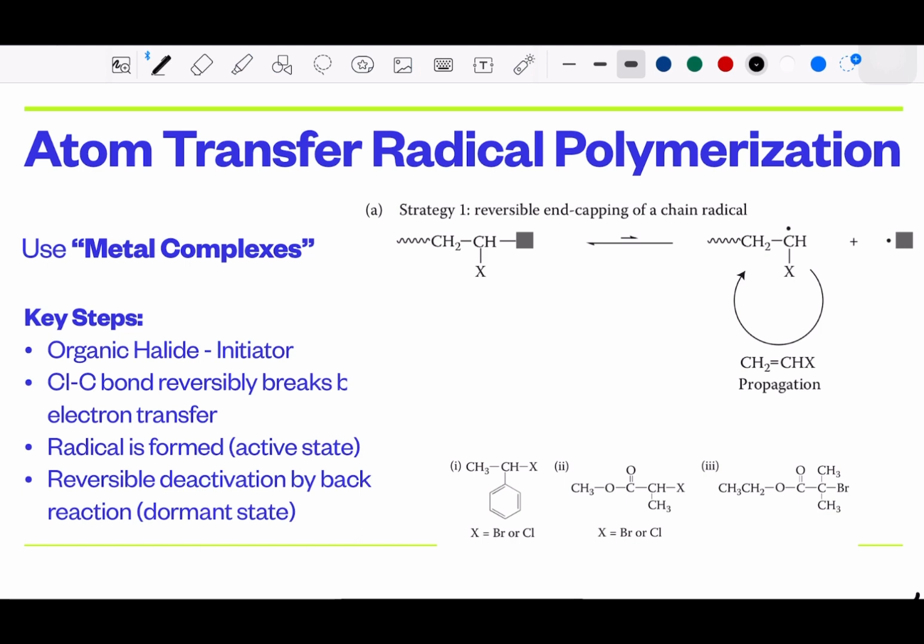You put the cap on the pen, so the pen is not going to be exposed. So this radical is not exposed. So it's closed now. This is what we call the dormant species. And usually we are going to utilize the metal complex.